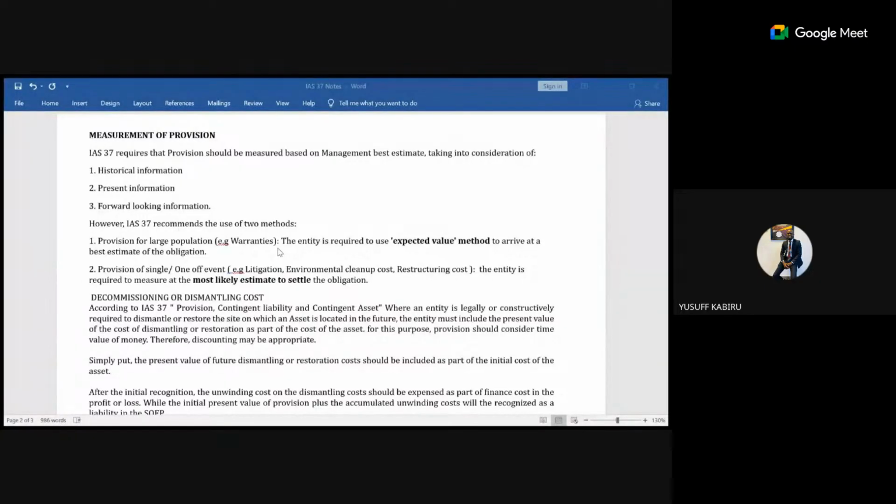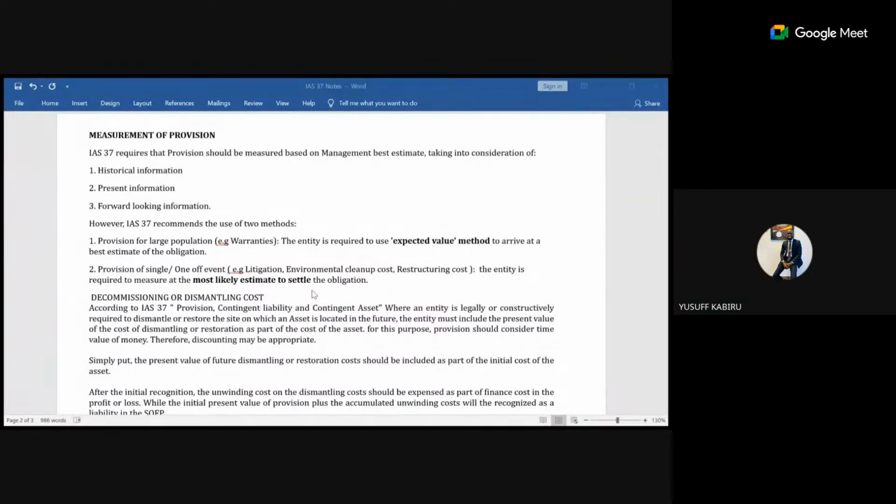But whenever we have a single or one-off event, examples are restructuring cost, litigation cost, environmental cleanup cost, IAS 37 says we should measure at the most likely estimate to settle. You should just measure it based on an estimate, but the estimate is going to be the most likely.